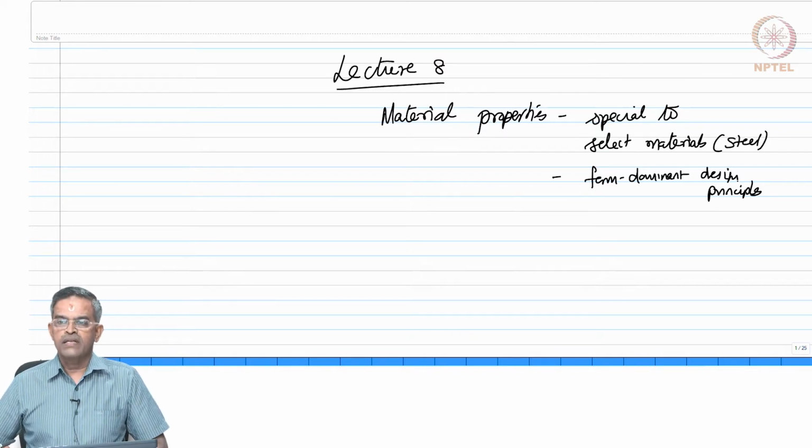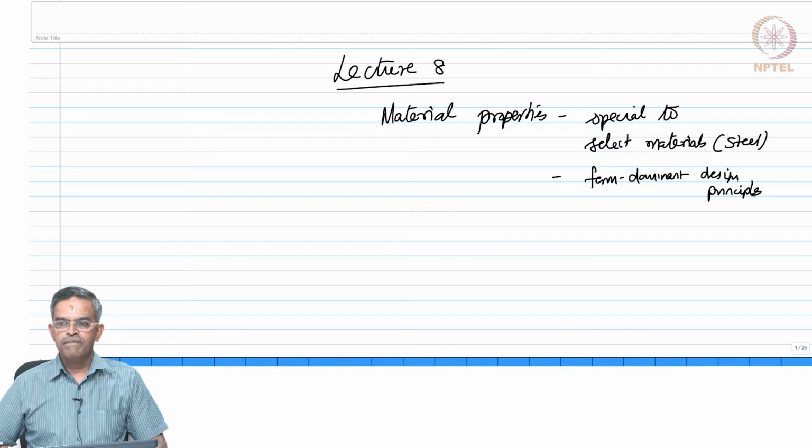In fact, it does not make any sense. You have to specifically say what grade of steel you are using, what chemical composition that steel has, and what are its mechanical and structural characteristics that make it a desirable material for the construction process you have chosen.